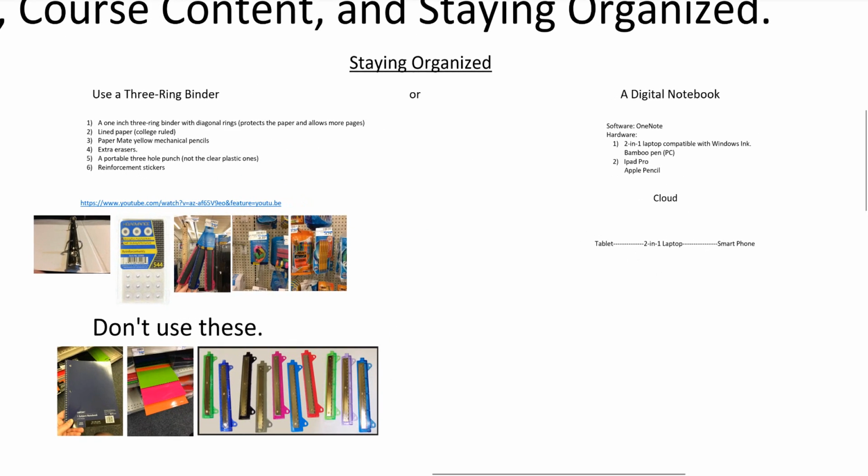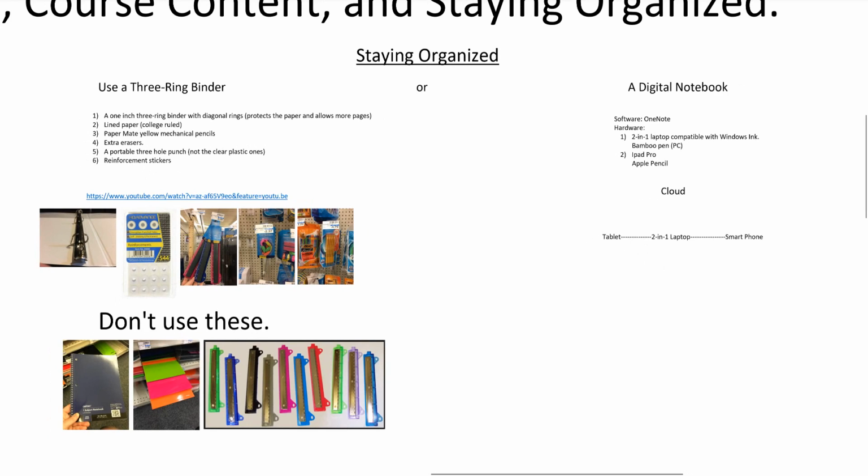You can either use a 3-ring binder, and if you do it that way, it'll cost about $20 to $30, or you can use a digital notebook. So these are the two methods that you can use to stay organized and keep all your work. But a digital notebook will cost possibly thousands of dollars, all the software and equipment that you would need to buy, as opposed to a 3-ring binder that will cost $20 to $30.